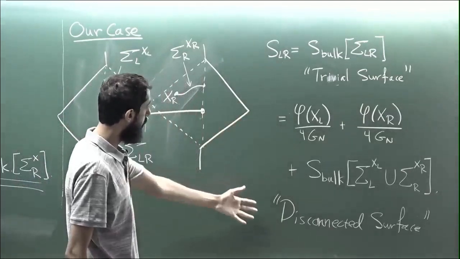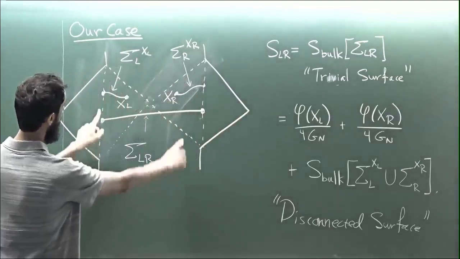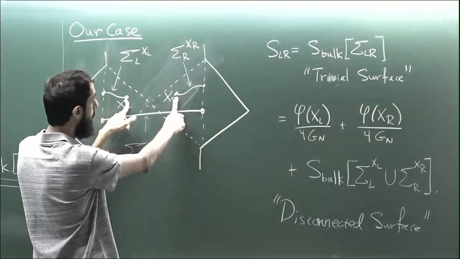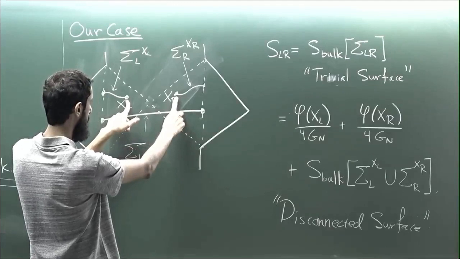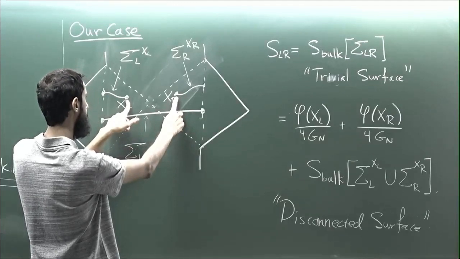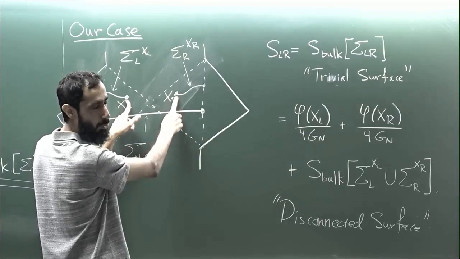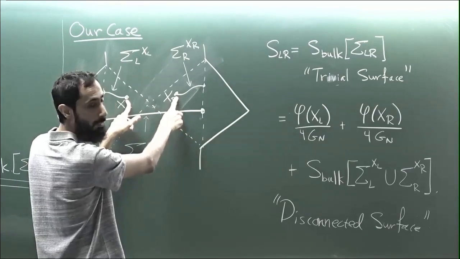The other option is what is called the disconnected surface, where from each boundary you have these two surfaces, which in this case are just points. It's just where the dilaton is evaluated.